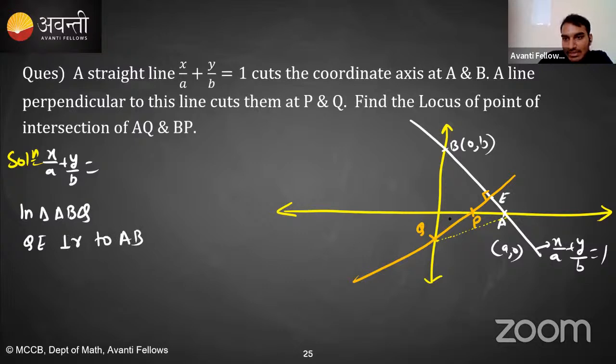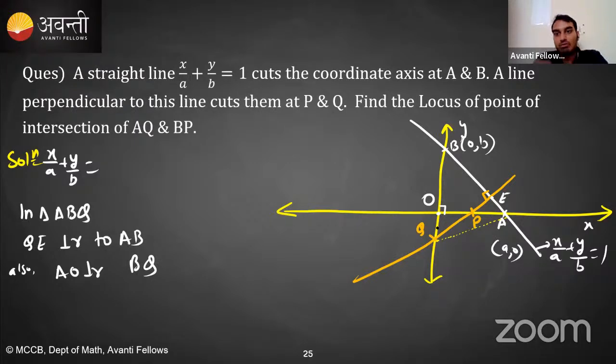Yes or no? QE is perpendicular to AB. Okay. In this triangle also, these are coordinate axes. So this is perpendicular. Let's call this O, this is origin. Also AO is perpendicular to BQ.